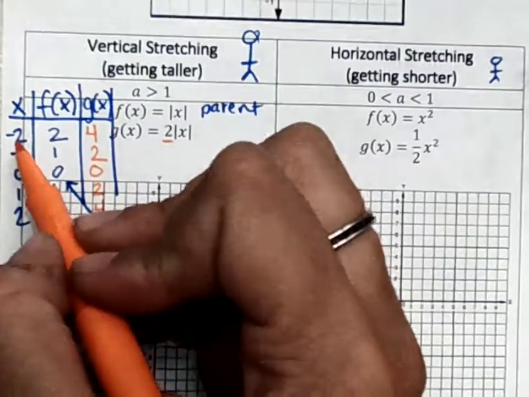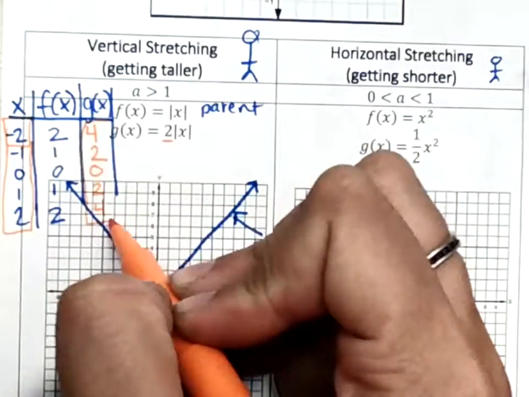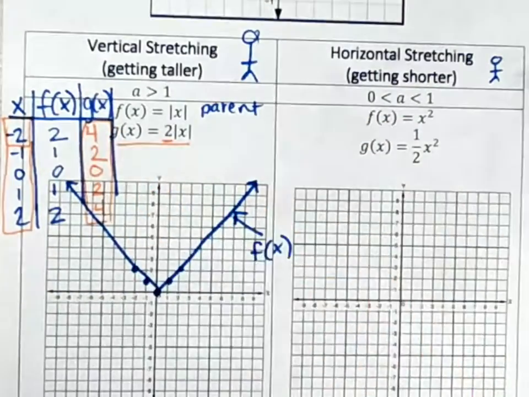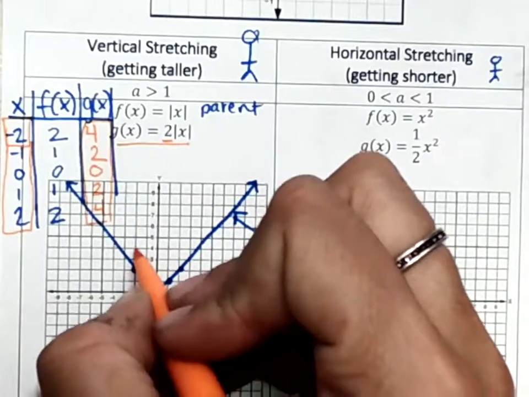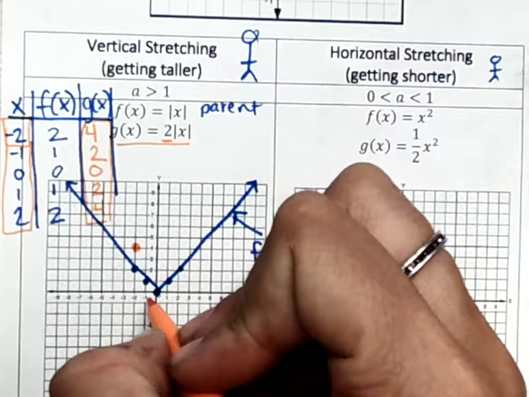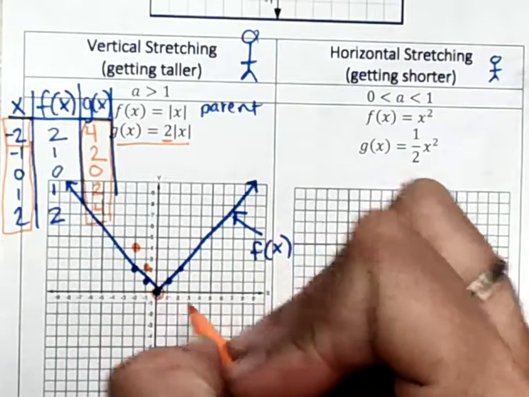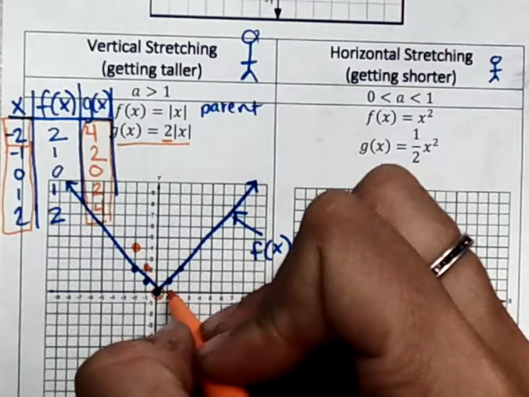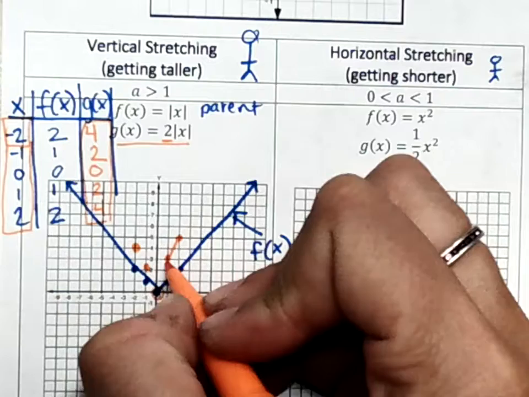We're now going to graph our x values and our new y values for our g of x function. So we're going to get -2, positive 4, -1, positive 2, 0 will stay at 0, 1, positive 2, and 2, positive 4.